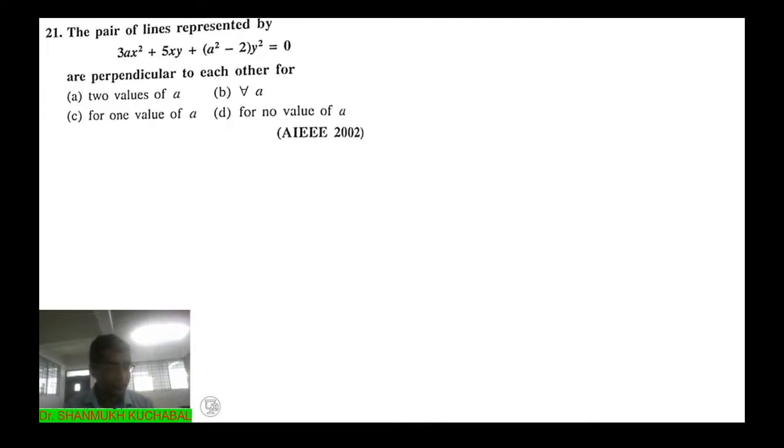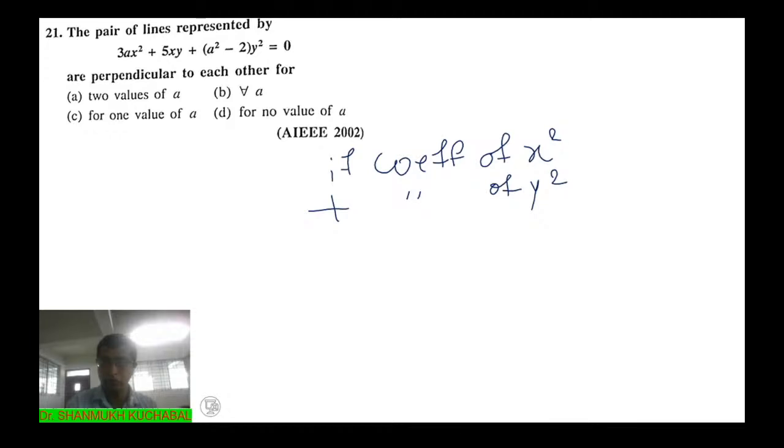Now the solution for that is, the lines will be perpendicular if there exists one relation, the coefficient of x square plus the coefficient of y square equal to 0.